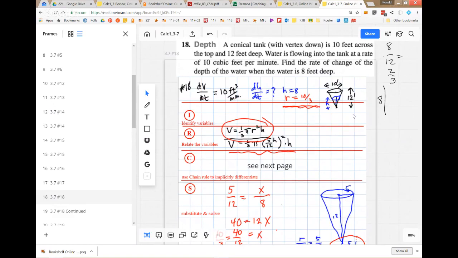Water is flowing. All right, so now, this is dealing with what? Find the rate of change of the depth of the water. So the whole idea with a tank is it's got how much volume. So we know it's a volume problem. Find the rate of change of the depth of the water. So dH/dt.